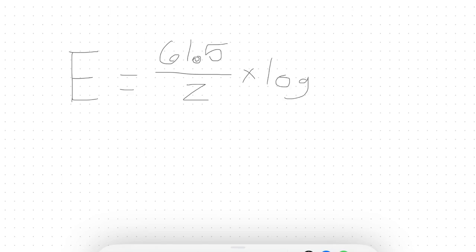The Nernst equation is a mathematical equation that gives us an idea of the equilibrium potential of an ion to cross a membrane when the same type of ion has crossed it, driven by the concentration gradient. It's expressed as E equals 61.5 millivolts over Z times log of ions inside over ions outside.